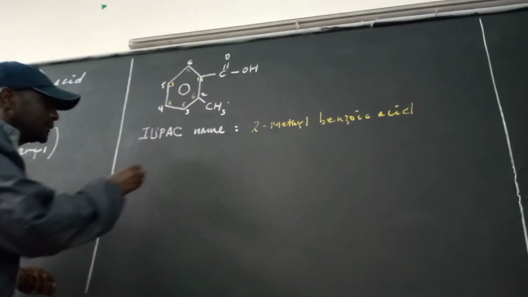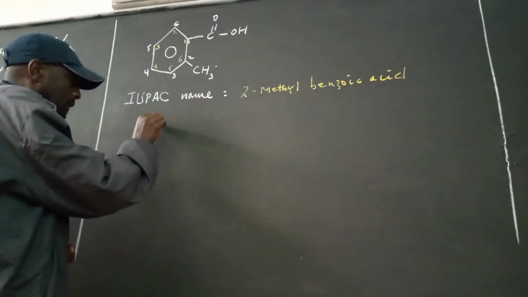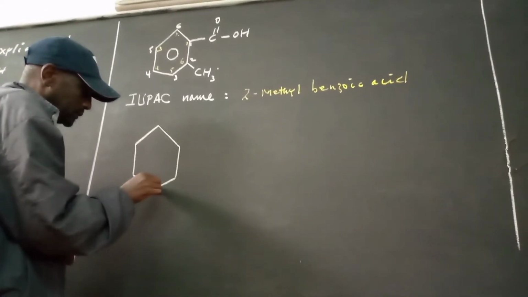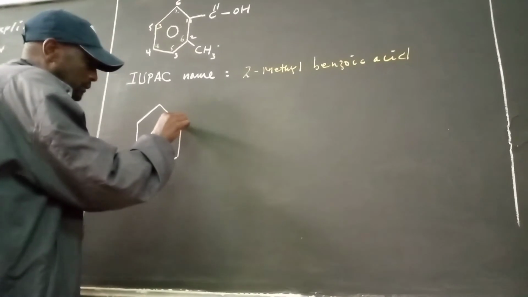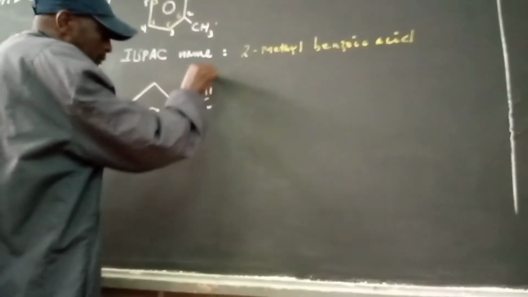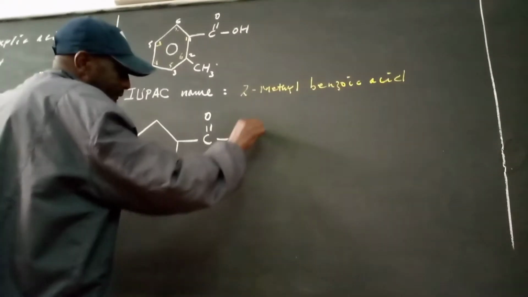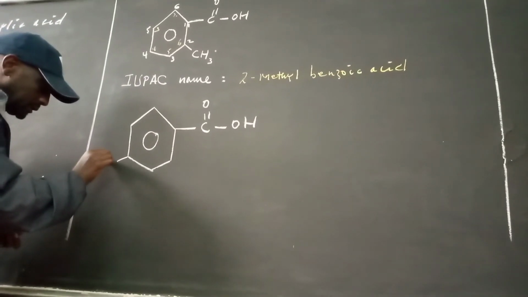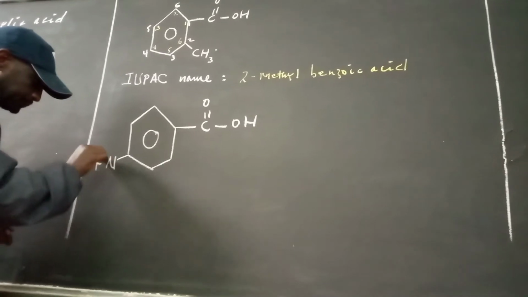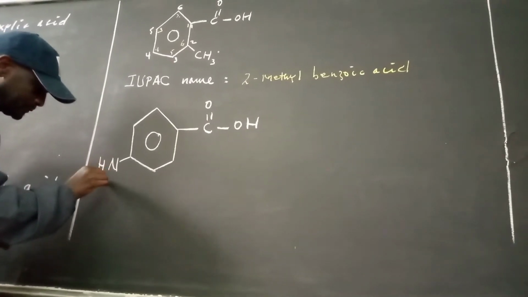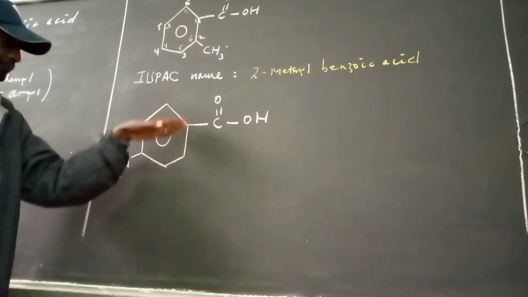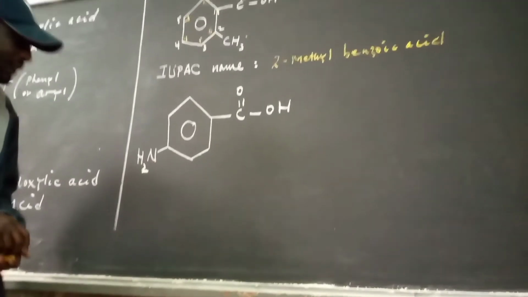Another example, if you add one more substituent here, let's say NH2, amine, on the benzoic acid. To give the IUPAC name, we number it.